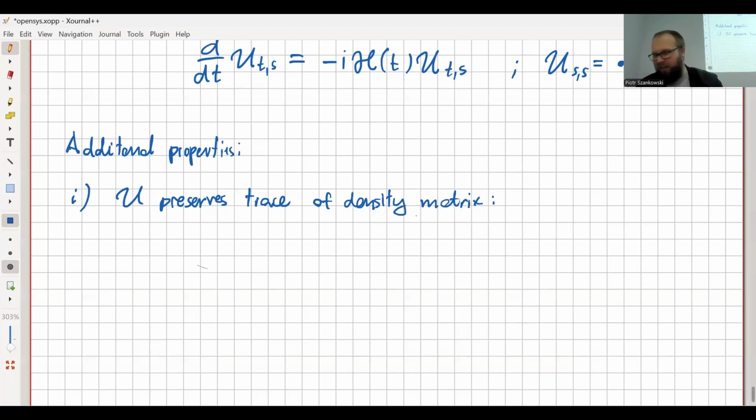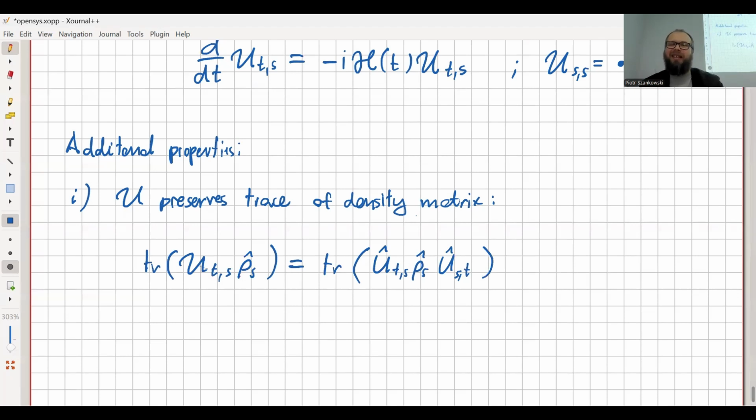But in a more practical sense, what I mean is that you take your evolution unitary map, act on rho S, take the trace, and you want to see if the trace is the same as the trace of the initial density matrix, which should be 1, because it's normalized. You can easily check that it is so. To do this, we can just use our nice identity with evolution operators.